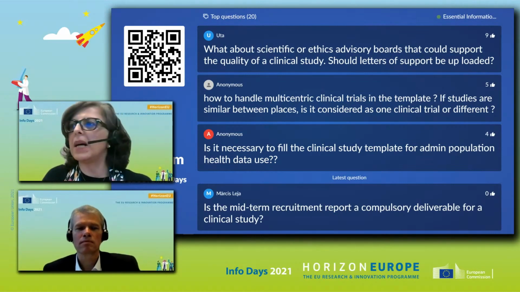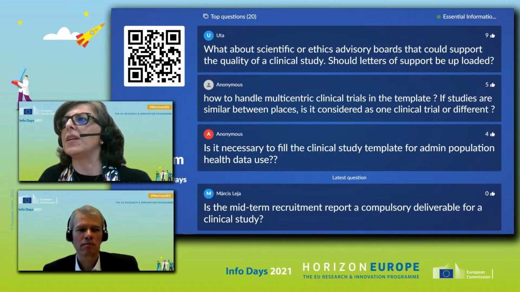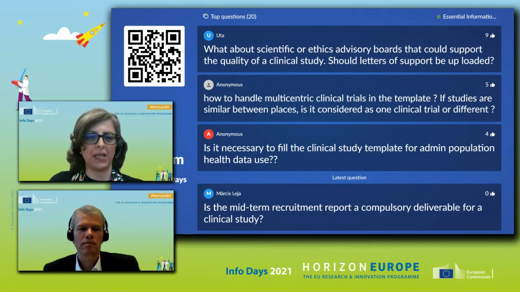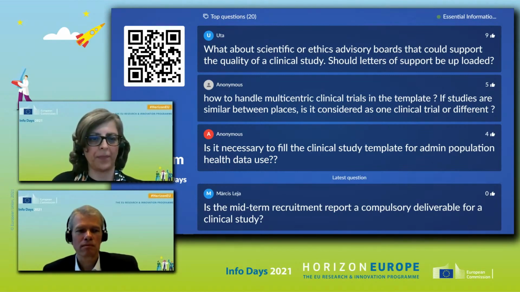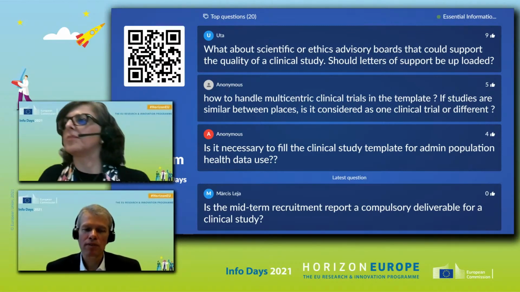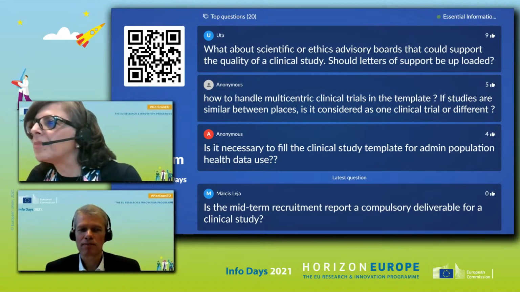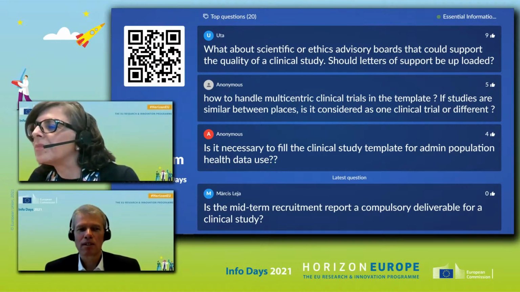It's what about scientific or ethic advisory boards that could support the quality of a clinical study? Should letters of support be uploaded? We would ask the applicants to integrate this information into the relevant section of the clinical study template. We do not ask at that stage these support letters to be submitted as additional annexes.